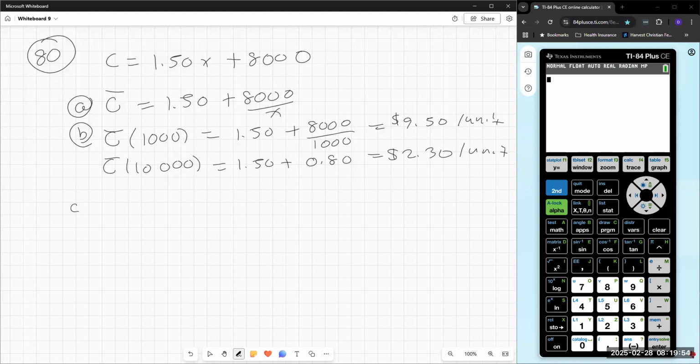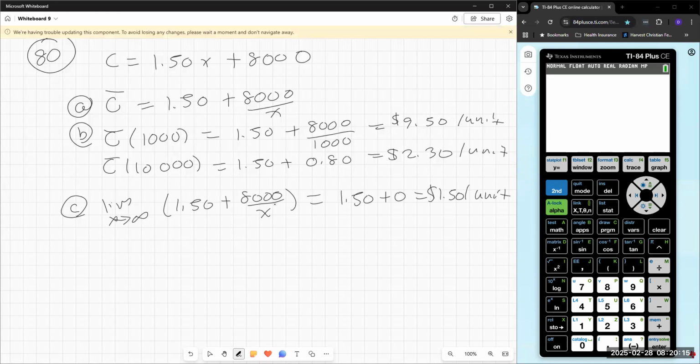And then for part C, we want to find the limit as X goes to infinity of 1.50 plus 8,000 over X, which will be 1.50 plus 0, is $1.50 per unit. Again, that represents the fixed cost that we will approach.